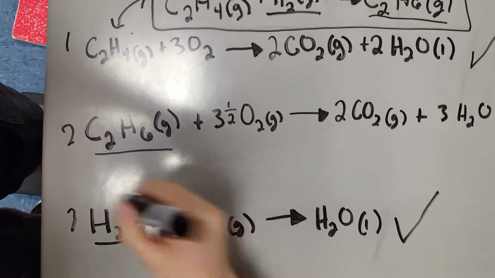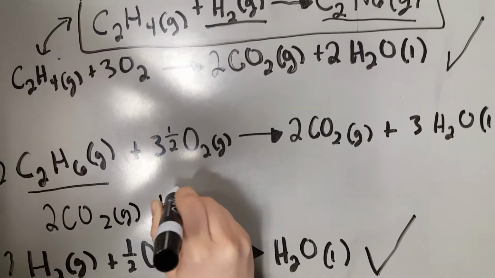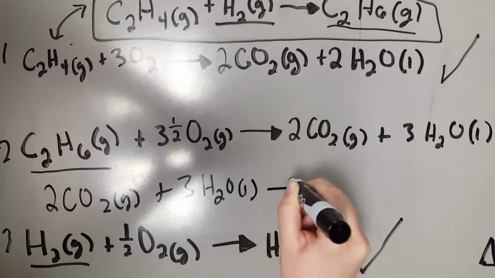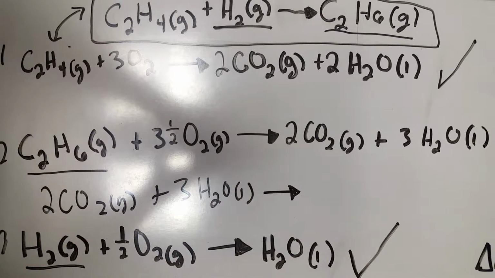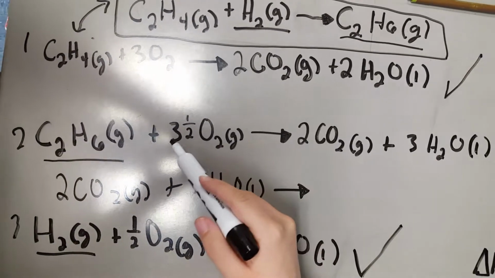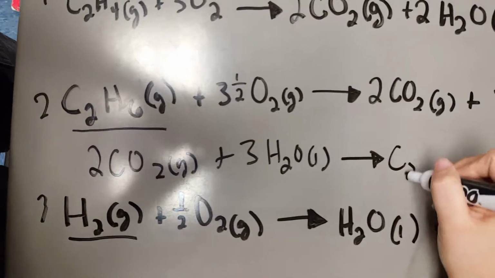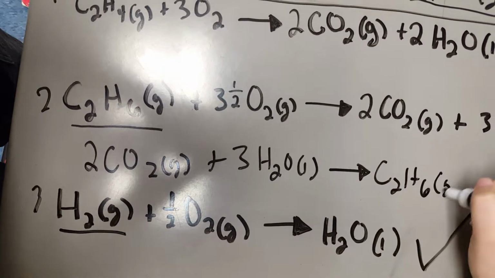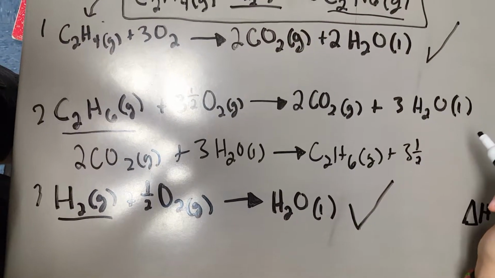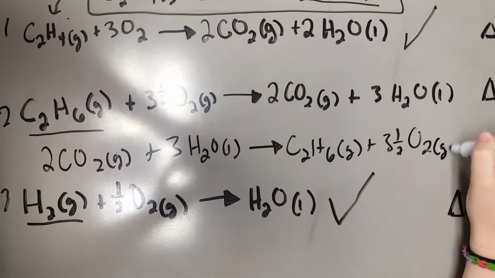So when you write it out, it's going to be 2CO2 gas plus 3 water molecules, which yields our C2H6 and 3.5 molecules of O2 gas.